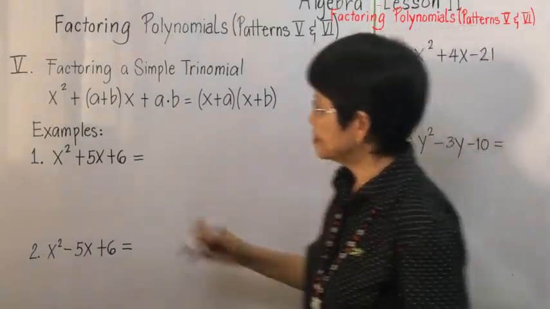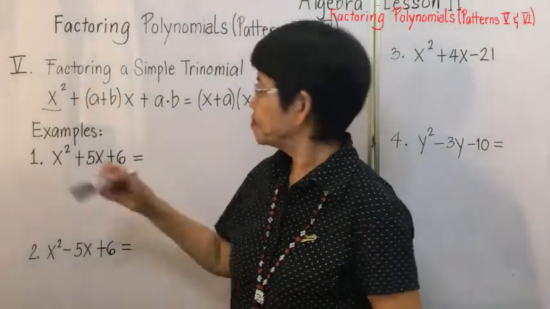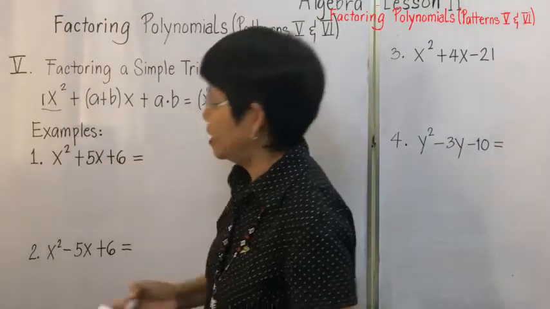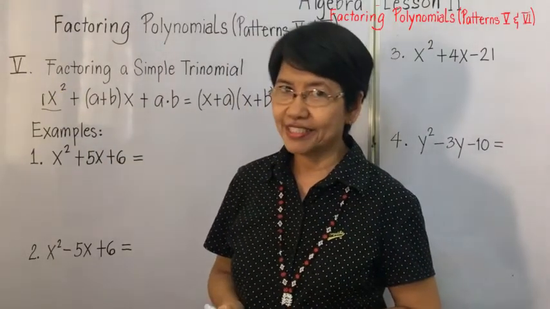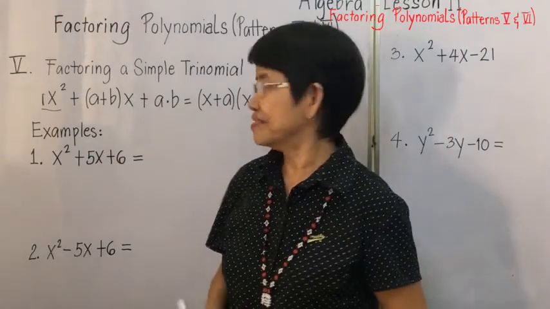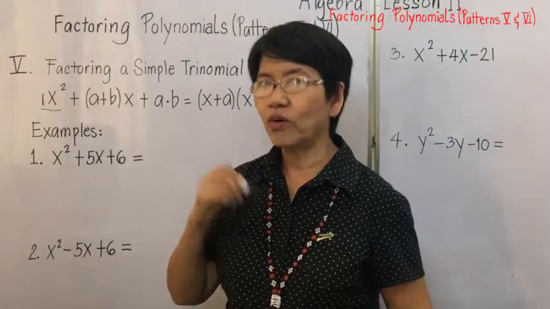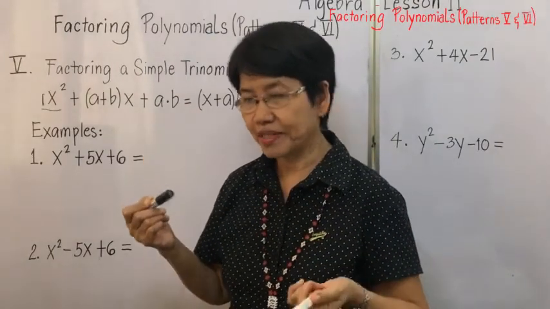So the first term has a numerical coefficient of 1, and there are no other numbers written there. So you only have x squared or y squared or variable squared.